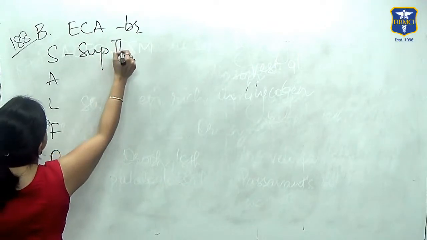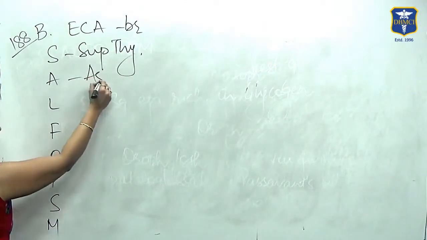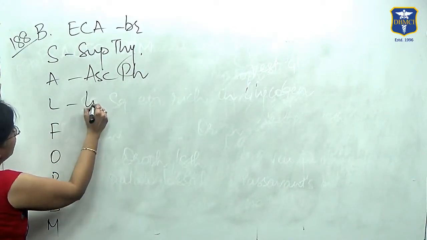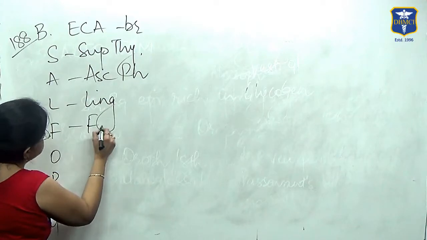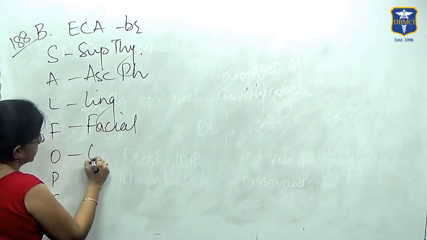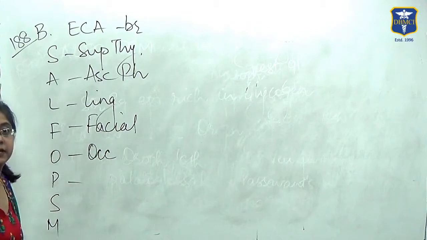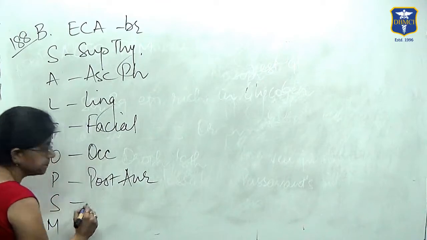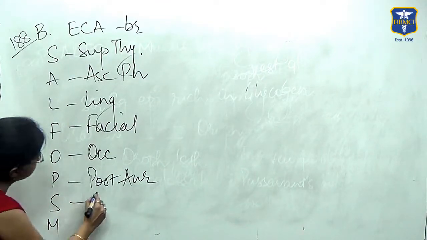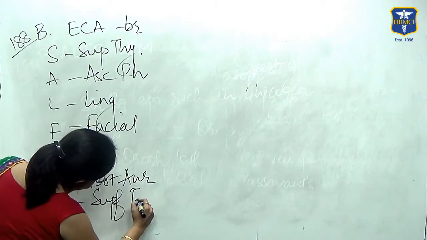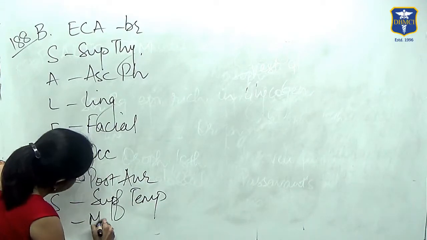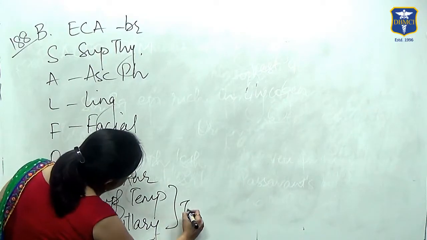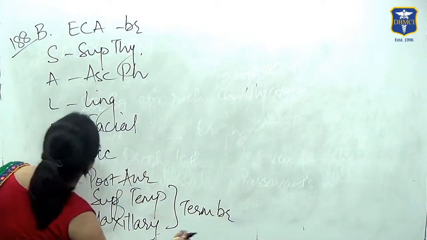S for superior thyroid, A for ascending pharyngeal, L for lingual, F for facial, O for occipital, P for posterior auricular, S for superficial temporal, and M for maxillary.